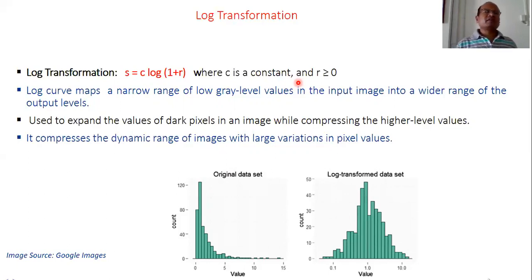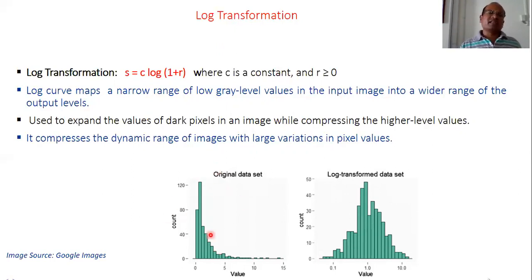The log curve which we get between S and R maps a narrow range of low gray level values in the input image into a wider range of output values. If you can see, there are two diagrams in this slide.